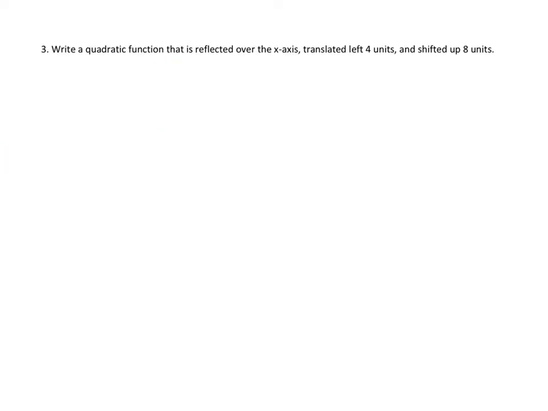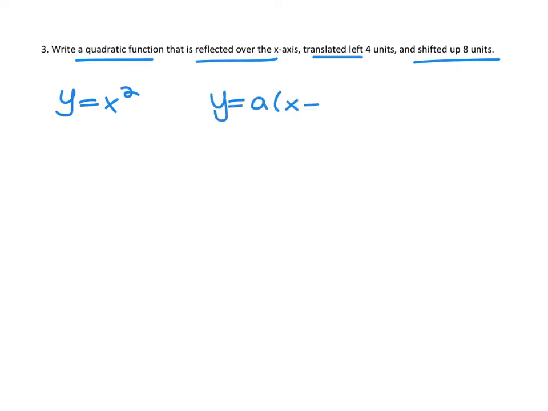Alright, your next question says, write a quadratic function that is reflected over the x-axis, translated 4 units left, and shifted up 8 units. So first off, when I see quadratic, I think of my parent function y equals x squared. And for it to be reflected over the x-axis, well, the form of a quadratic is this.